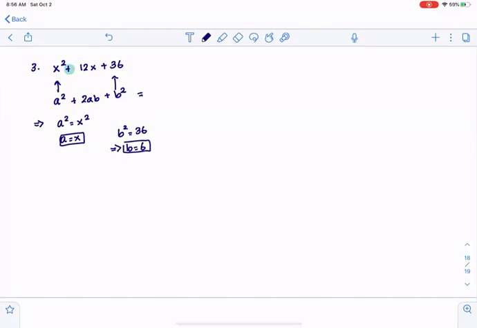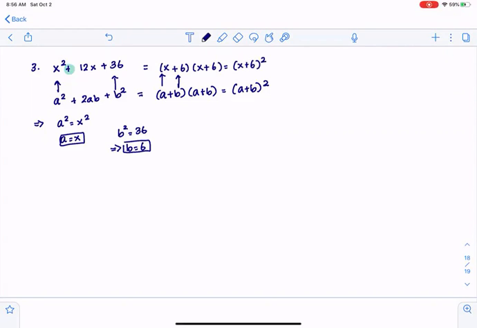We know a squared plus 2ab plus b squared is simply a plus b times a plus b, which is a plus b squared. So a is x, b is 6. Do the same. You will have a plus b squared, which is x plus 6 squared.